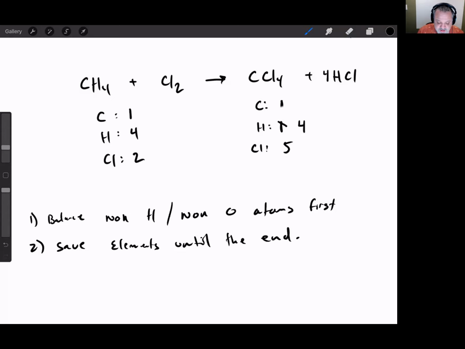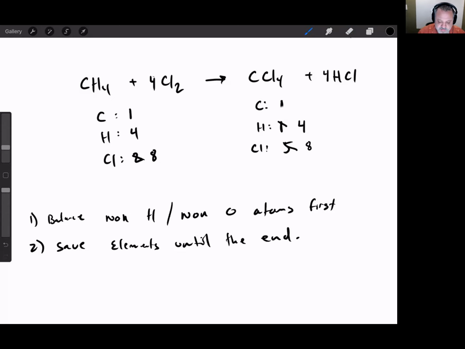But now you can see that I've changed the count for Cl. I've got 1, 2, 3, 4 in CCl4, but now I added another 4, so the total is now 8. And so now I can go back and do chlorine at the end. I can add a stoichiometric coefficient of 4 there, and that'll get me the 8. That's what I mean by that.